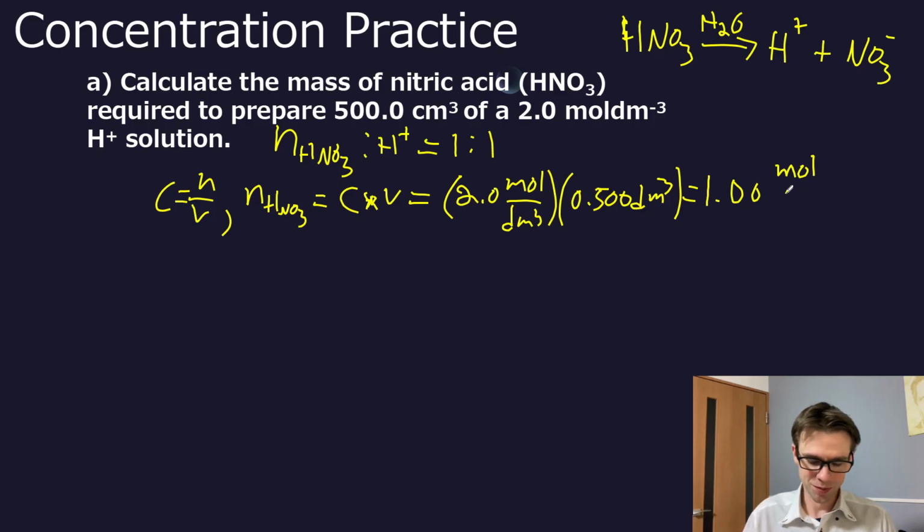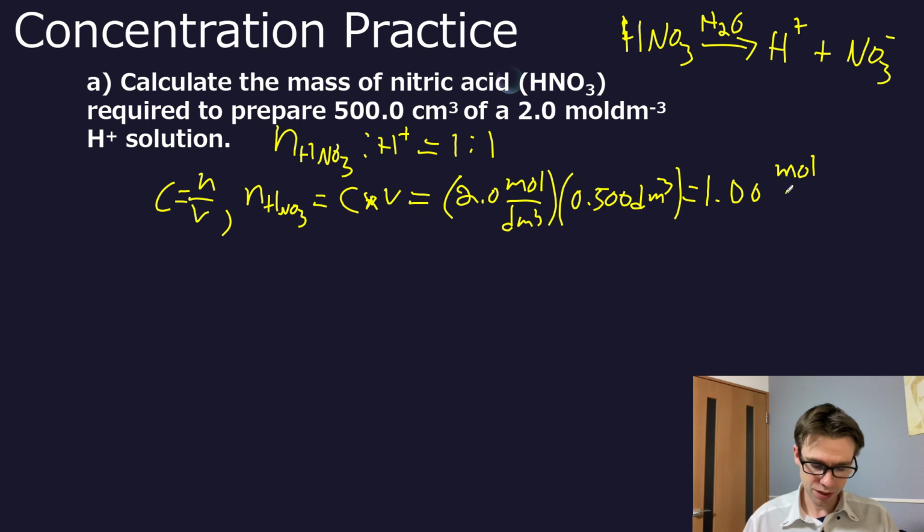I was going to write per dm3, but this is just moles. So 1 mole of HNO3. This will provide a 2 mol per dm3 solution of HNO3 and of H+ as well, because they have a 1-to-1 ratio when they separate.